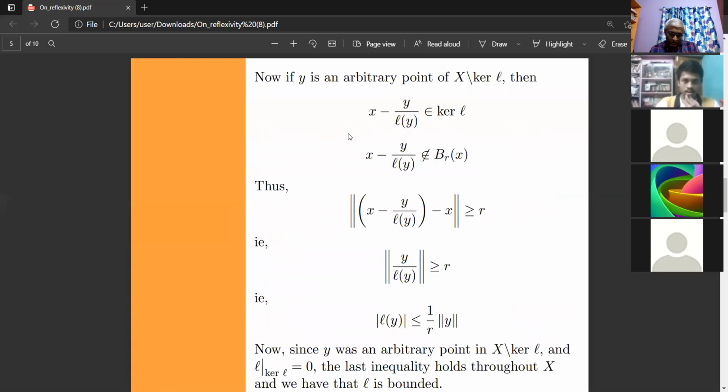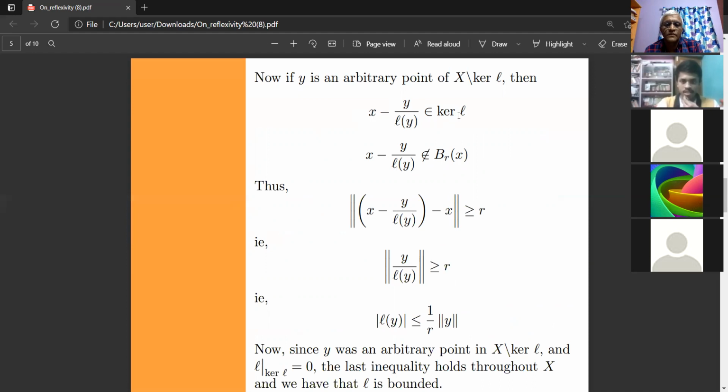So if y is an arbitrary point outside kernel L, then h minus y by L of y is contained in the kernel, because L of h is 1 and L of y by L of y is again 1, so L of the whole thing is going to be 0.